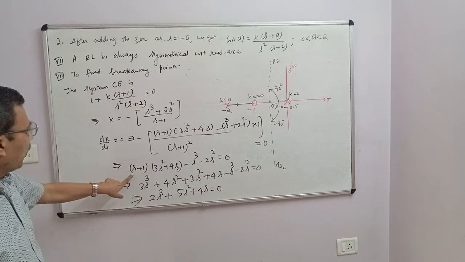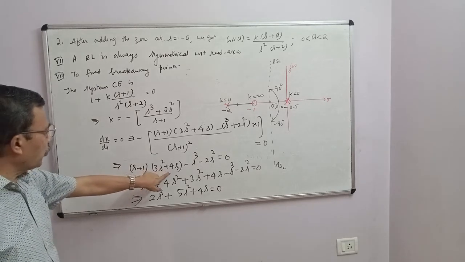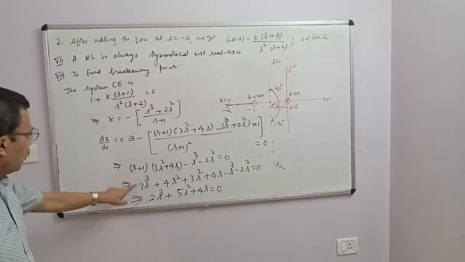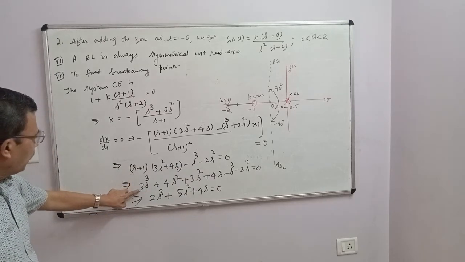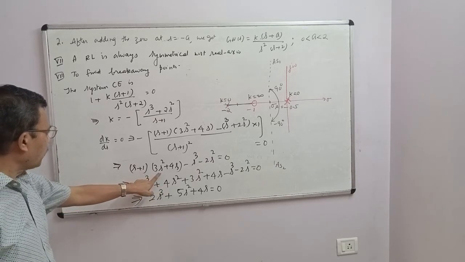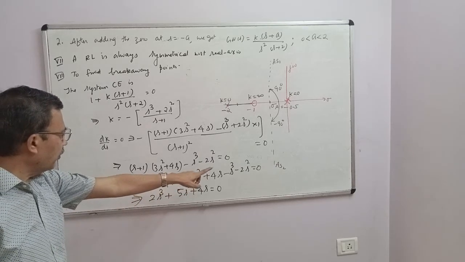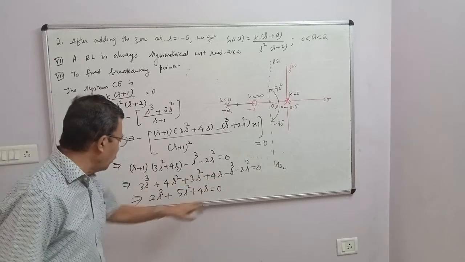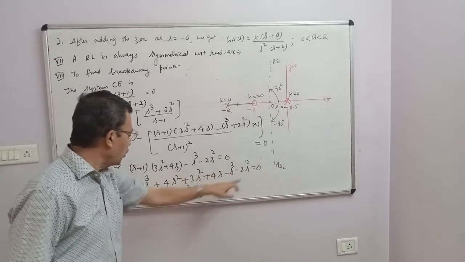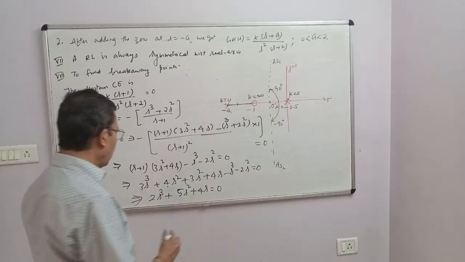If you cross multiply and remove the brackets, you get 3s cube plus 4s square plus 3s square plus 4s minus s cube minus 2s square. 3s cube minus s cube is 2s cube. 4s square plus 3s square is 7s square, minus 2s square is 5s square, plus 4s is equal to 0.